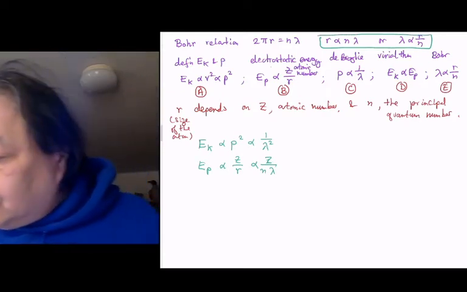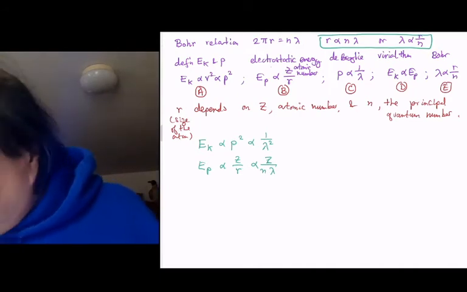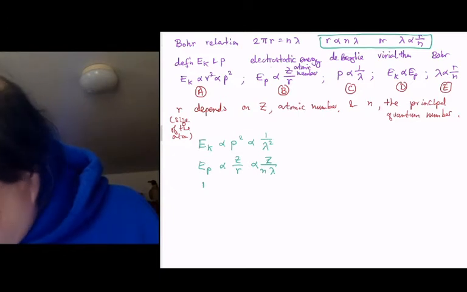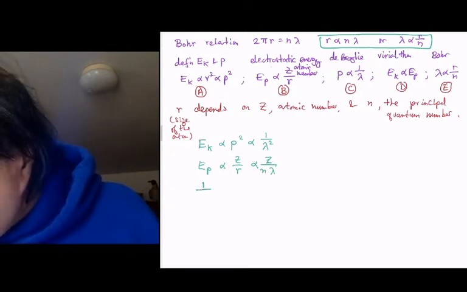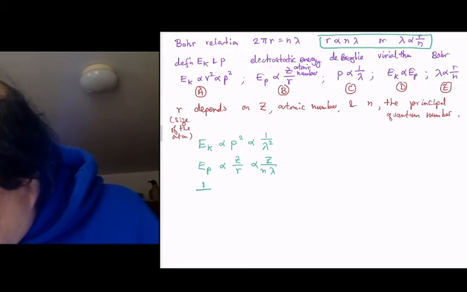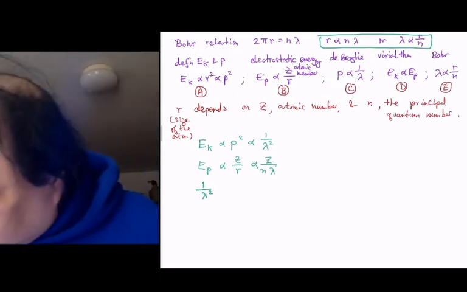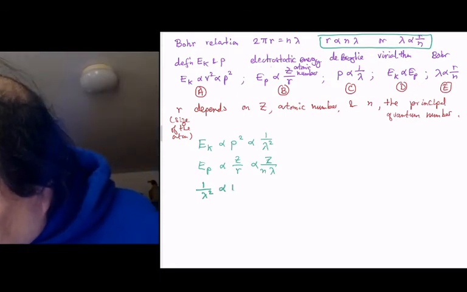Give you a few seconds to look at all that, and I will continue. 1 over lambda squared. Look at the top relationship. It's proportional to EK.